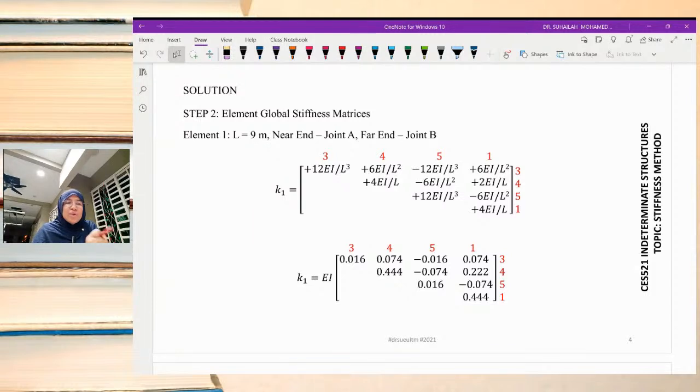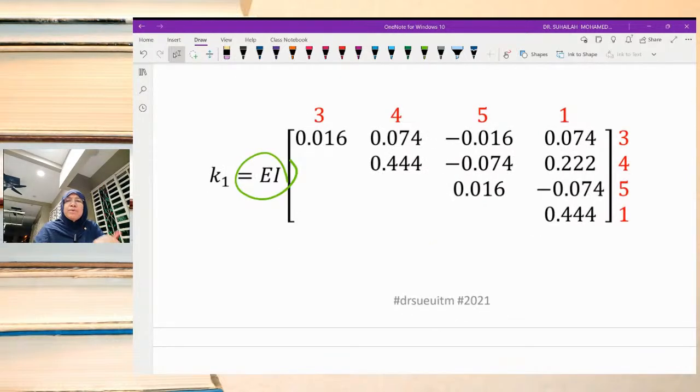Substitute the L value into the formula because EI will remain constant here.